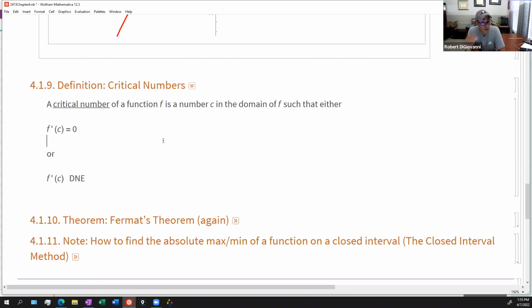And we will call it a critical number if, when you plug that number into the derivative, you either get 0 or the derivative doesn't exist at that number. Anytime you have that happen, that number c is called a critical number.